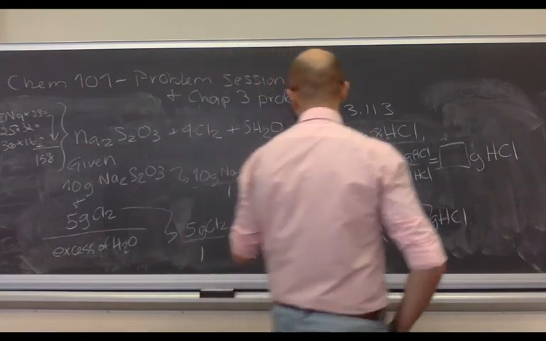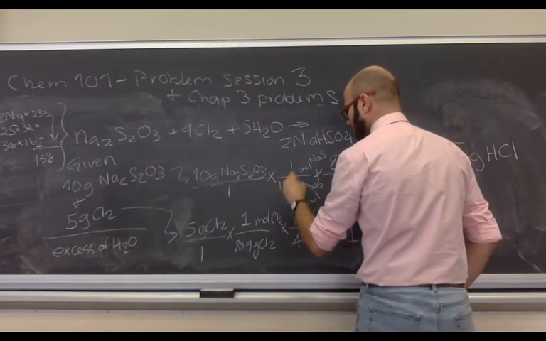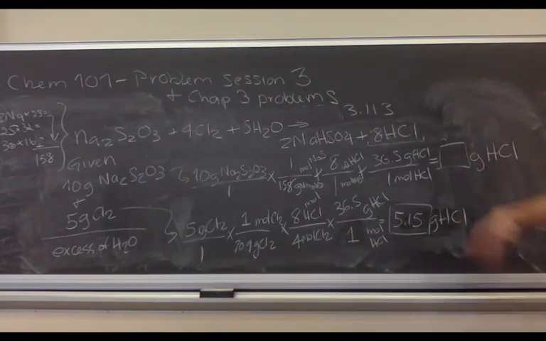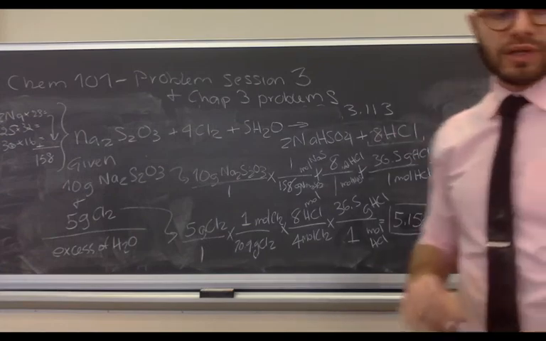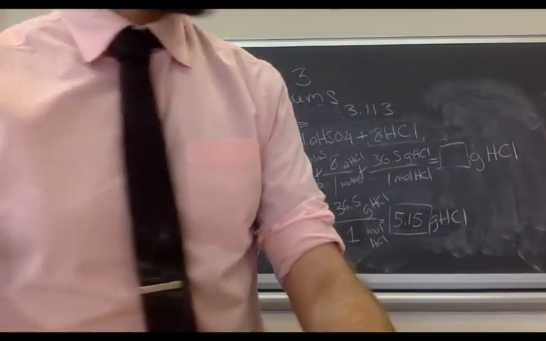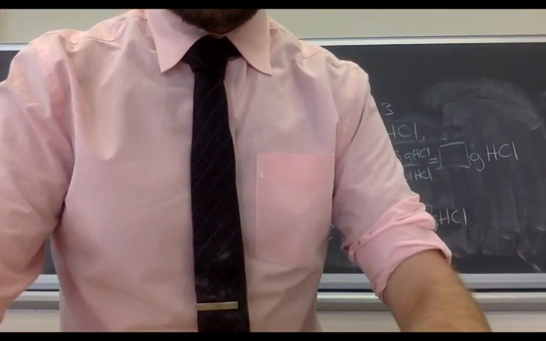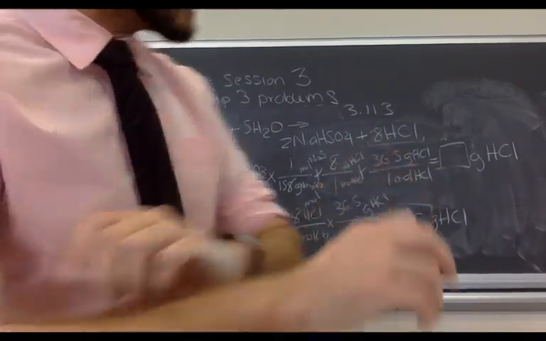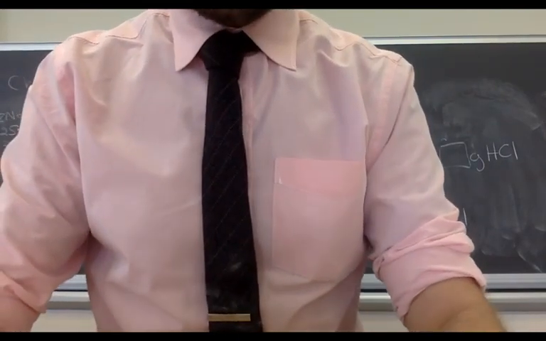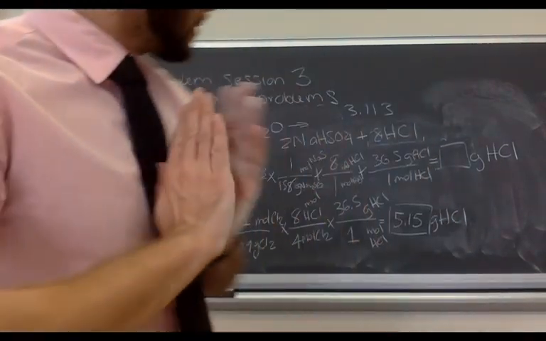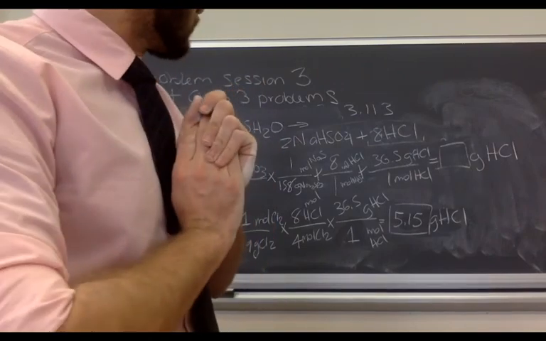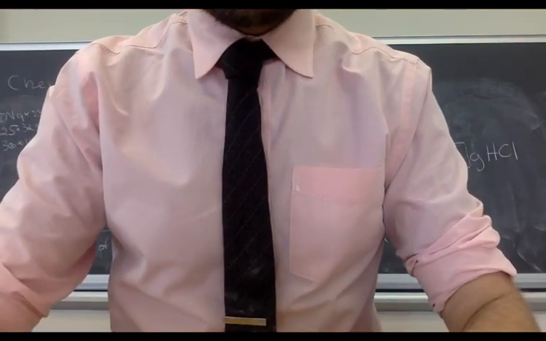So now we can throw that in here as well. And the nice thing is now we can calculate everything that's on top. So let's do that together. We have 10 grams to start times 8 times 36.5 divided by 158. It's that simple.